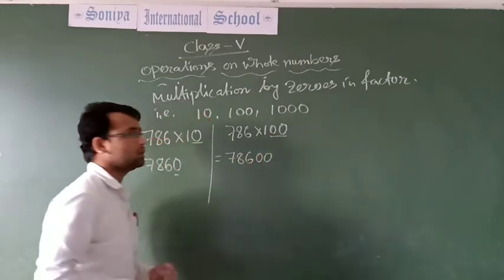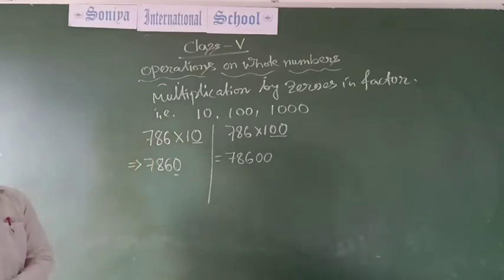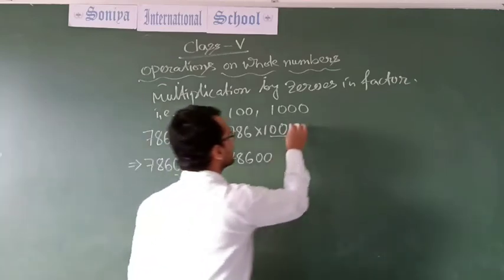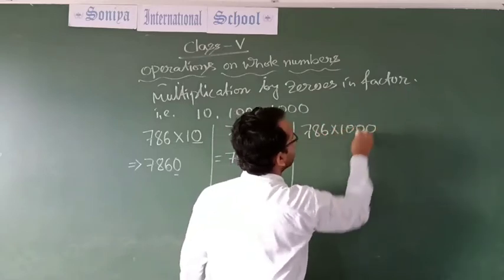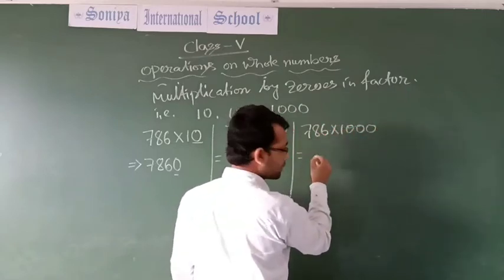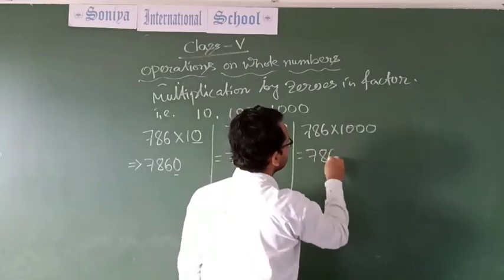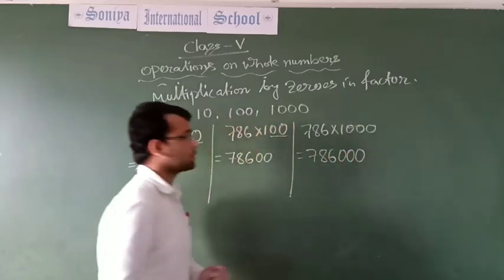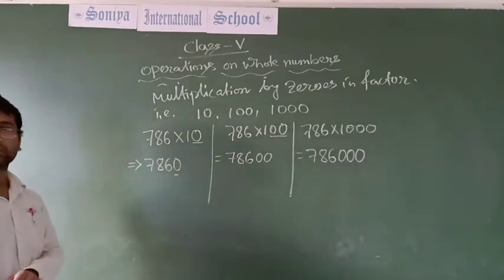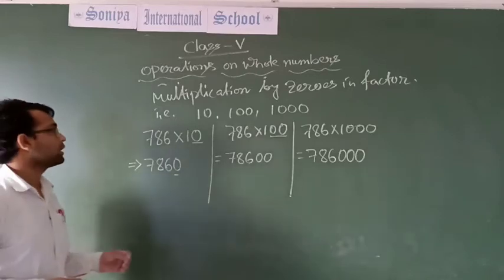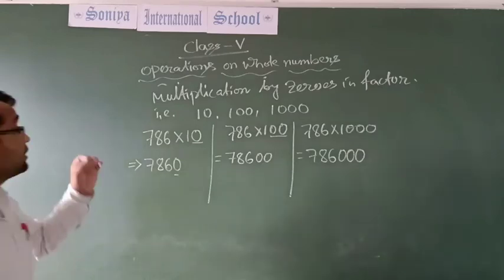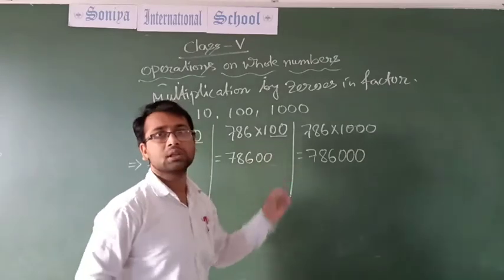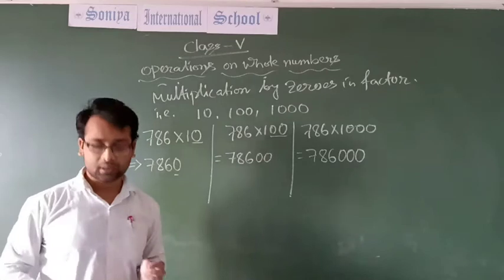Then write 00 on the right side of the given number. Similarly, 786 multiplied by 1000, then write 786 and triple zero, 786000. Is that clear? So multiplication by zeros in factors, that is tens, hundreds and thousands. Is that clear?